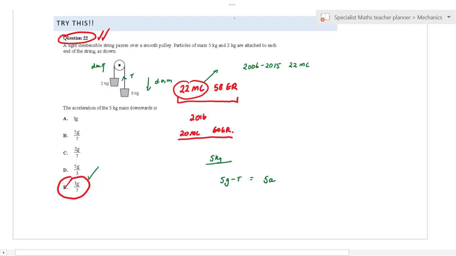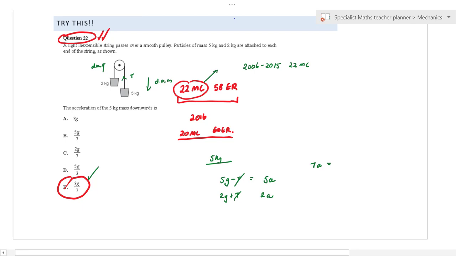And the other one we would have 2a is equal to, be careful, the signs are going to be 2g plus T. Now, when you add those two together, you know that they're going to cancel out. 7a is equal to, what have I done?